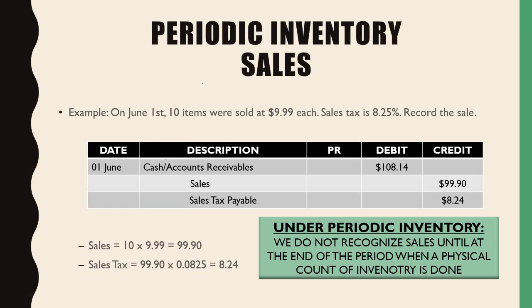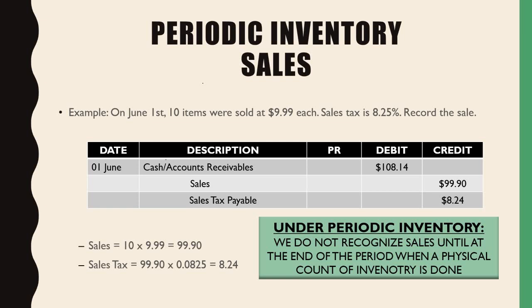Okay, and you're going to see the difference when we dive into perpetual inventory, which is after the exam, in 2 weeks from now. When we see perpetual inventory, we care about every purchase we make, and we also care about every item that we sell. It will definitely make a drastic change in your journalizing.